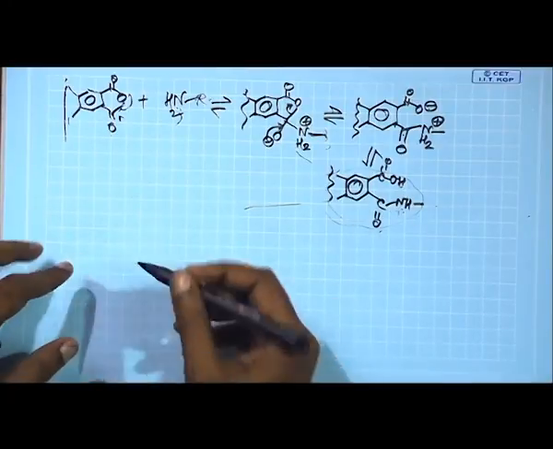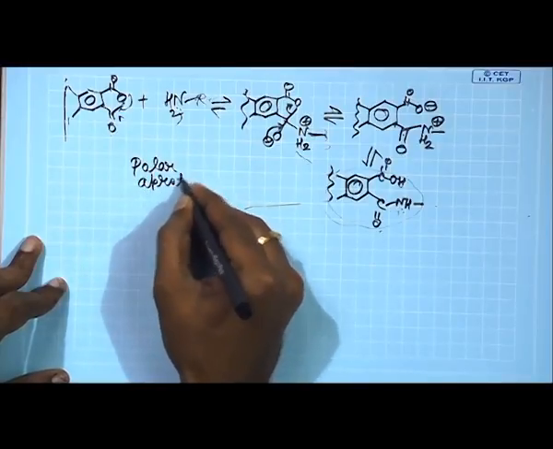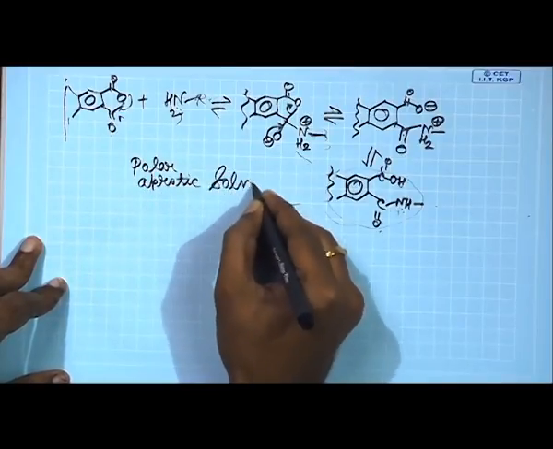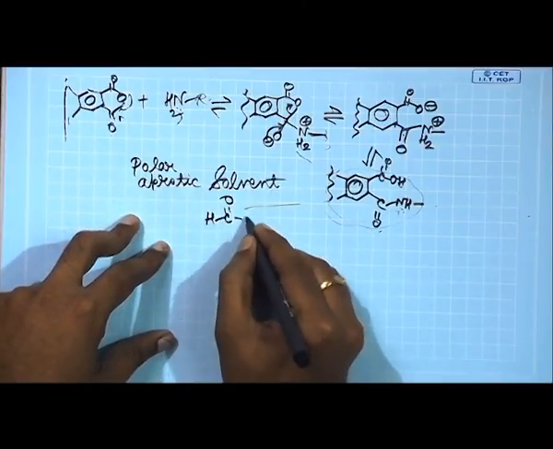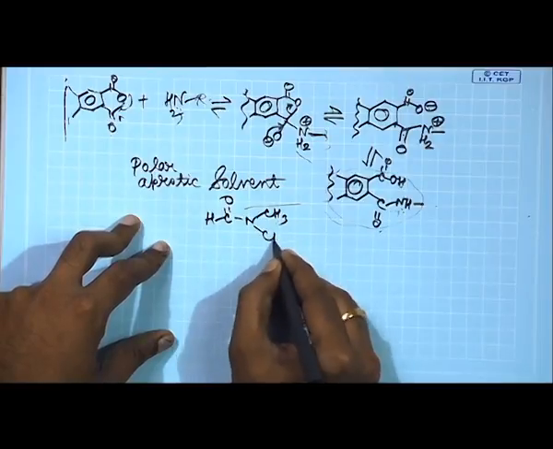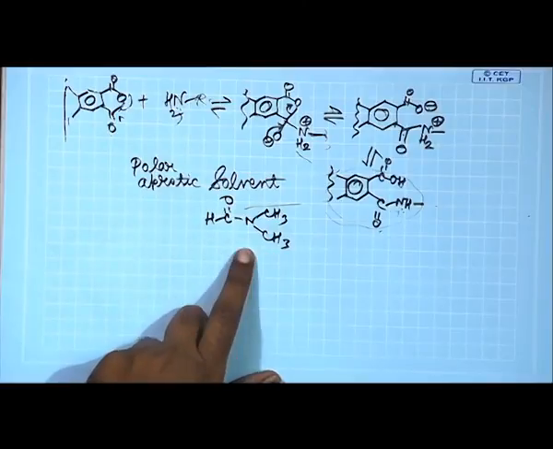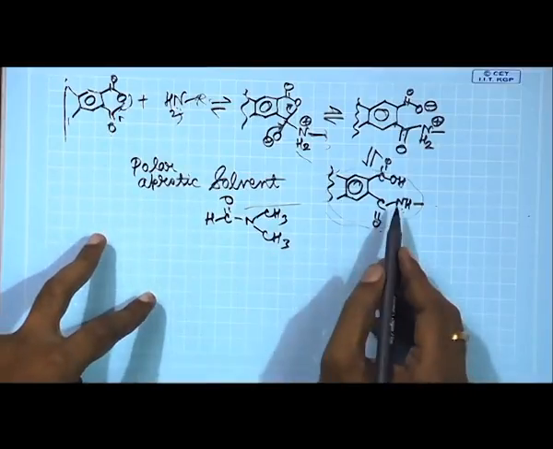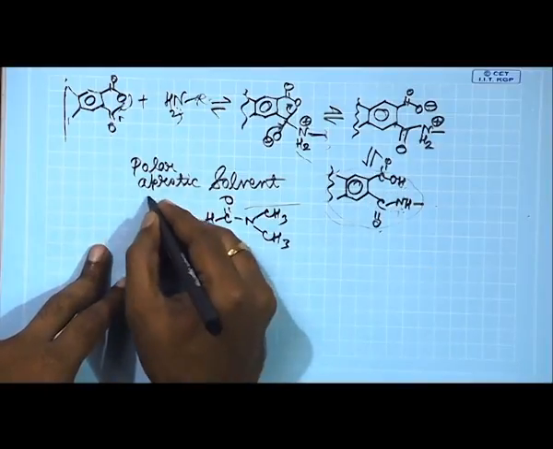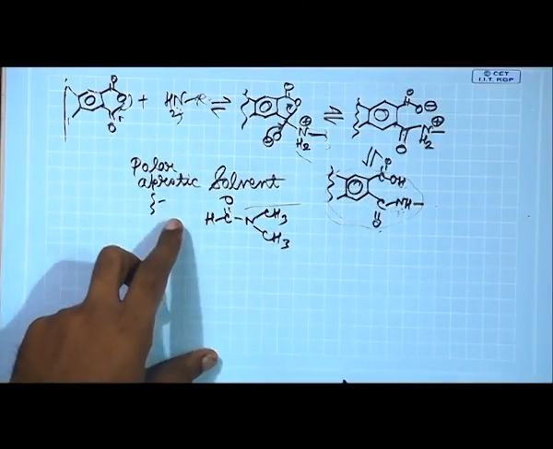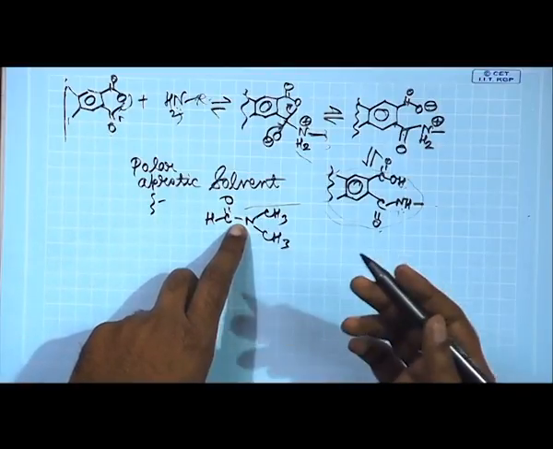How can you do that? You use a polar aprotic solvent. Now, polar aprotic solvents, say you are using dimethyl formamide. Now, this polar aprotic solvent, they can form strongly hydrogen bonded complexes with this free carboxyl group.